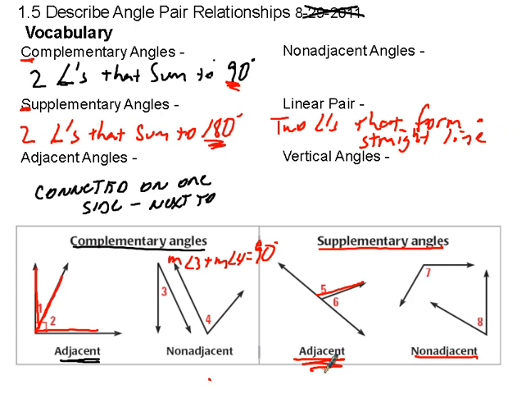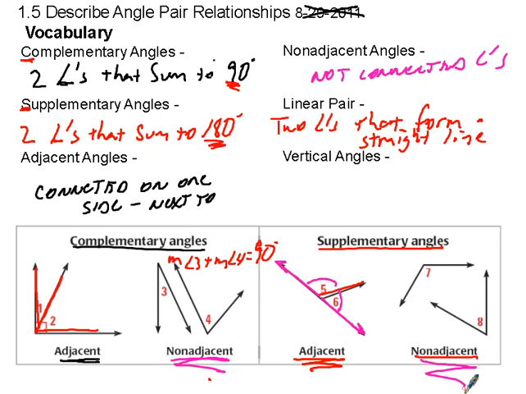They have opposite rays and thus have two angles that form a linear pair. They create a straight line. Non-adjacent angles, not connected angles. And so that would be examples. We have those over here. The angles are not connected.